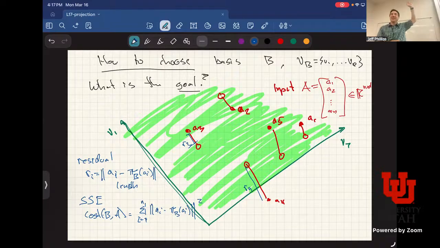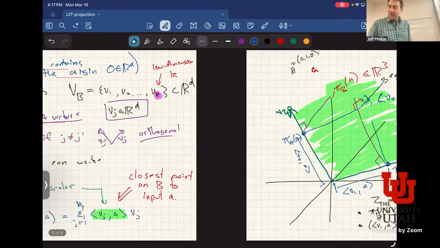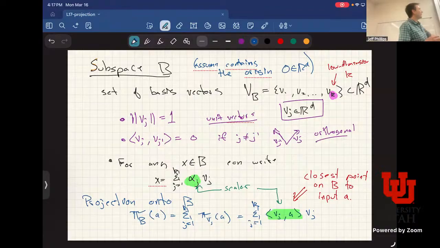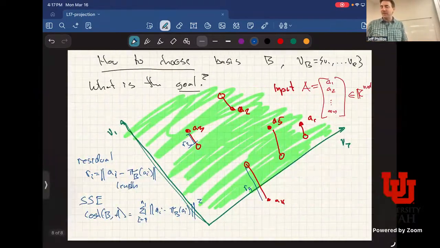Maybe. Okay. Turns out we can't run gradient descent on this. The reason is that we need the v's to be unit vectors, meaning they have length exactly one. This is a non-convex constraint. So we can't really apply gradient descent and get all these nice properties. So we can't do that either.